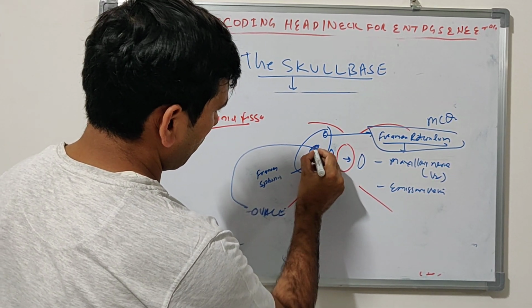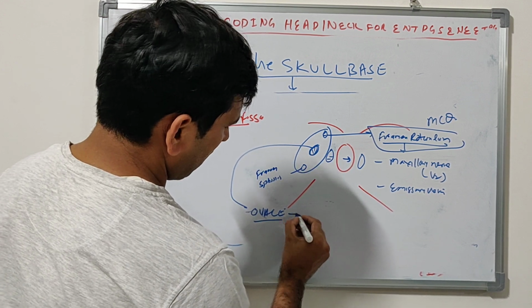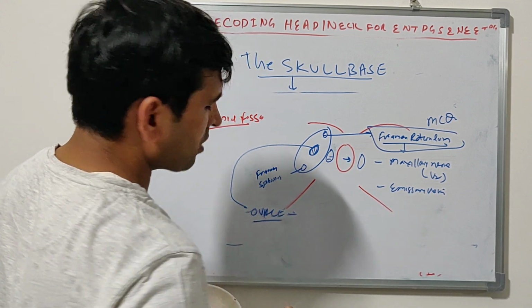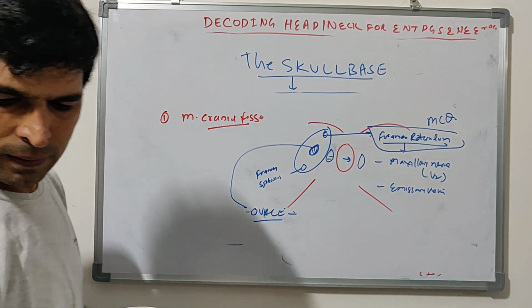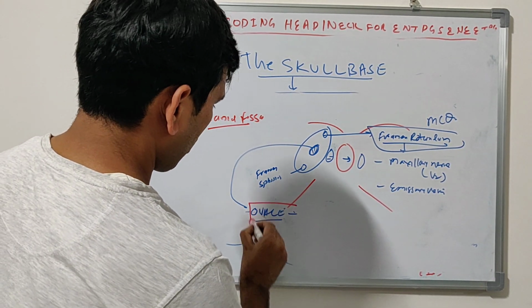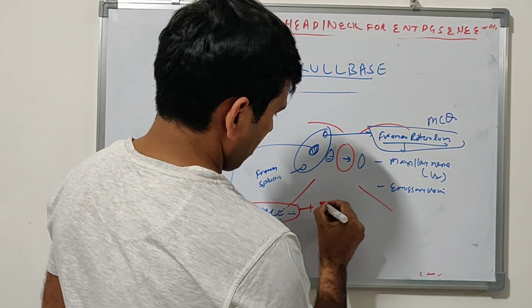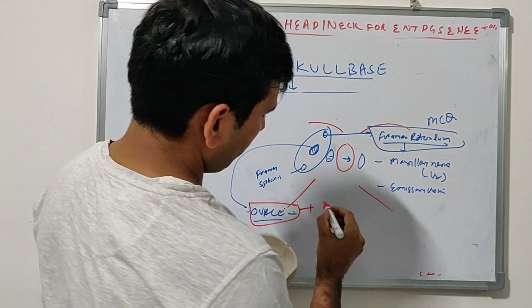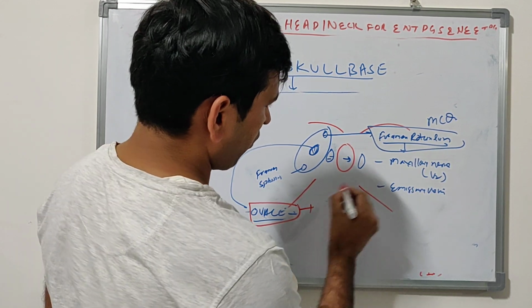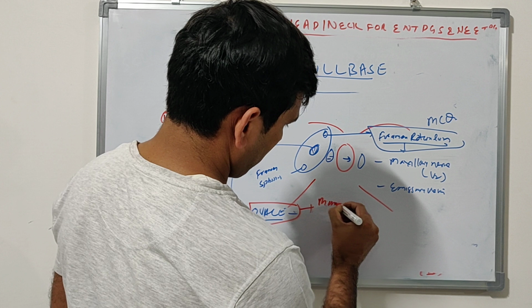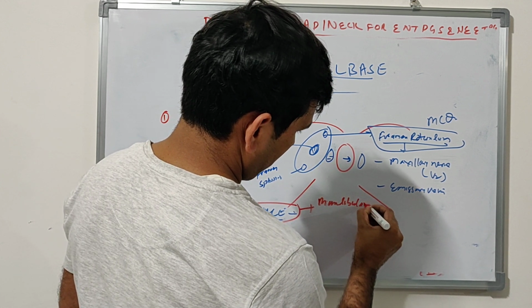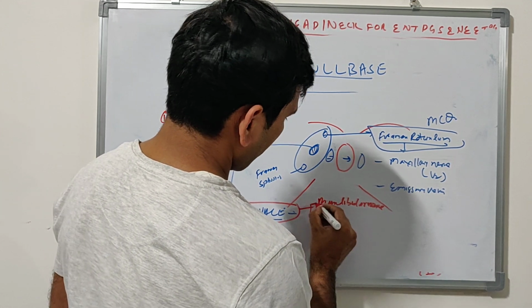Okay, this is foramen ovale. This is an oval shaped foramen. The structures passing through foramen ovale are, first, the mandibular nerve, the third division of the trigeminal.